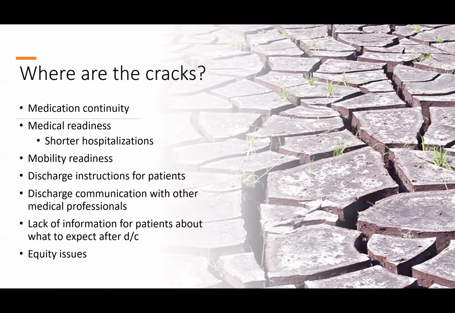Discharge instructions for patients, and discharge communication with other medical professionals. When we talk about discharge instructions, there's what we tell the patients, like when you should come back, but also communicating the care that they got in the hospital with their primary care doctor or with a specialist they're going to see afterwards.